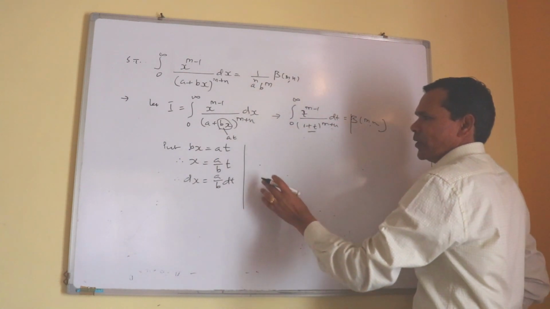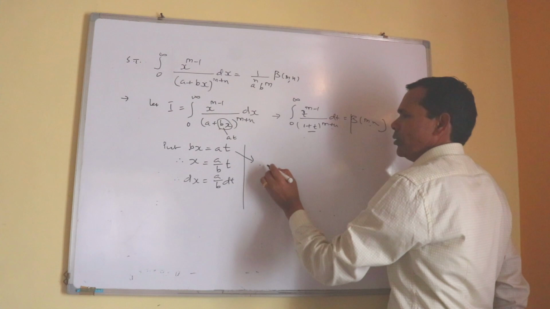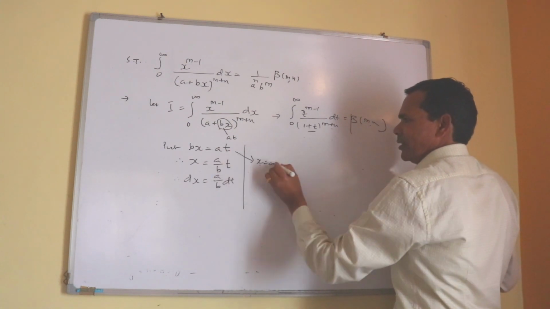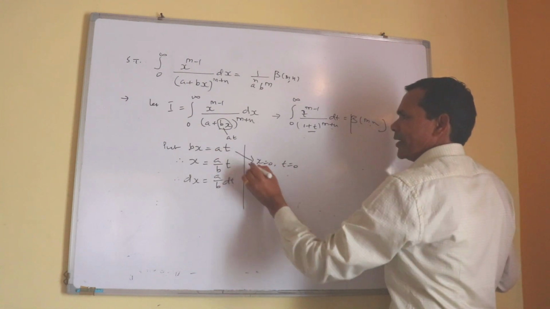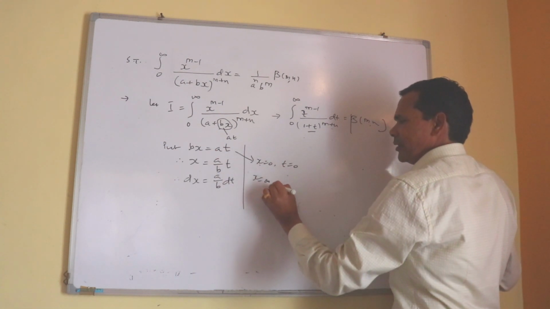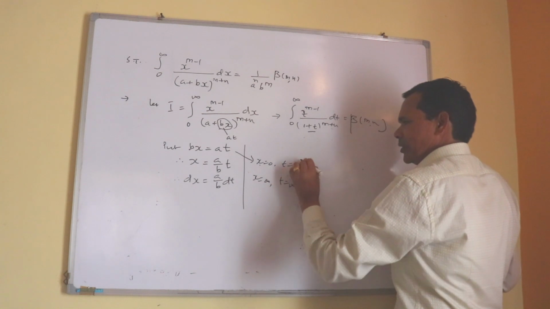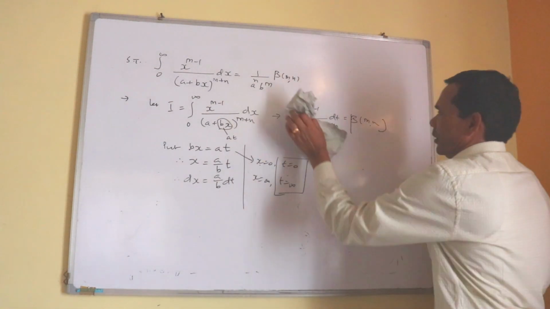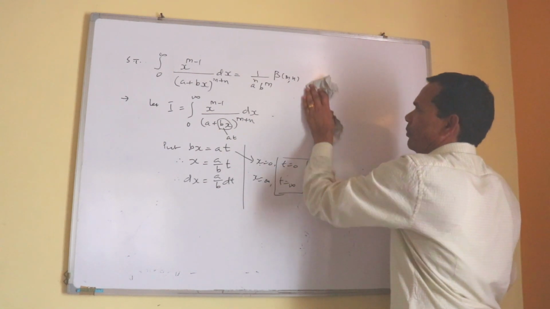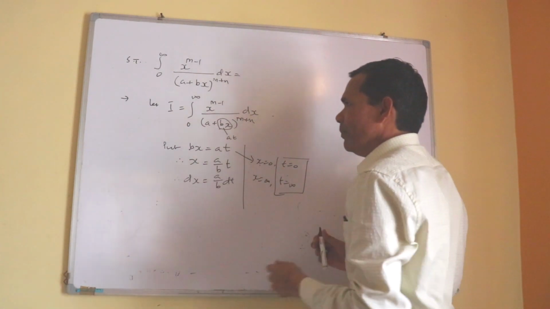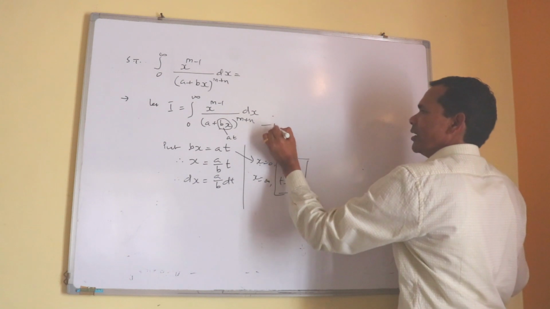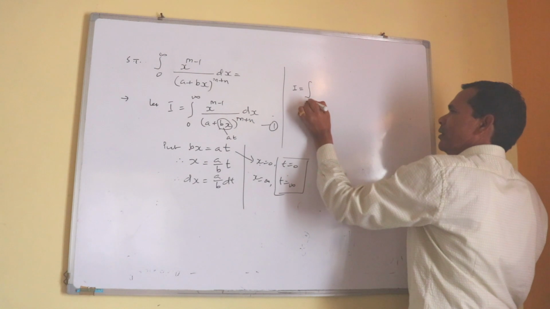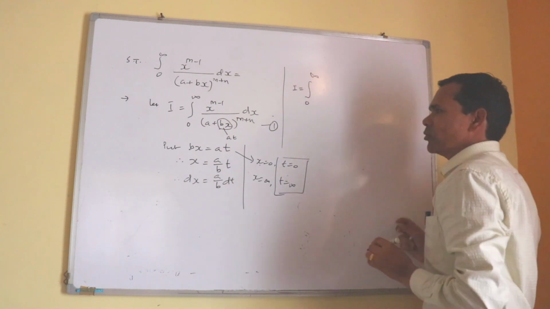And limits, if you observe, for x is equal to 0, t is equal to 0, and for x is equal to infinity, t is equal to infinity. So these are the new limits there, t from 0 to infinity. Now I will transform this integral to this particular form, an integral 0 to infinity in terms of t.